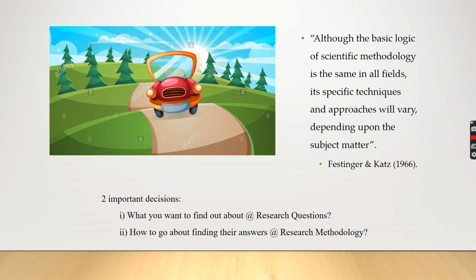Quantitative is more numerical, more number based, while qualitative doesn't place too much importance on numbers.